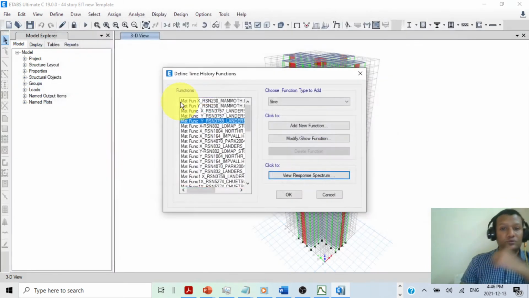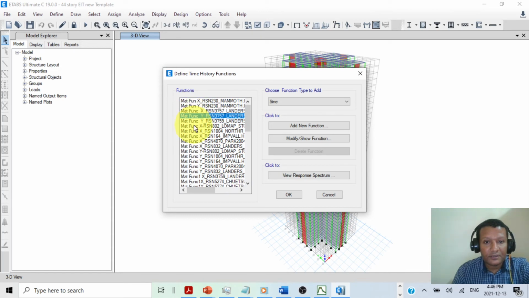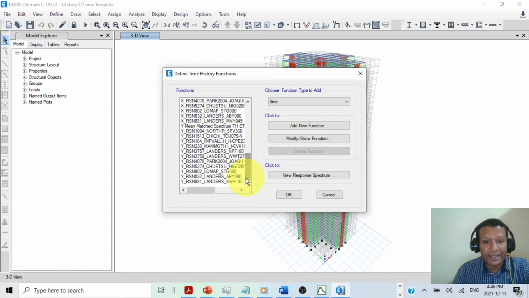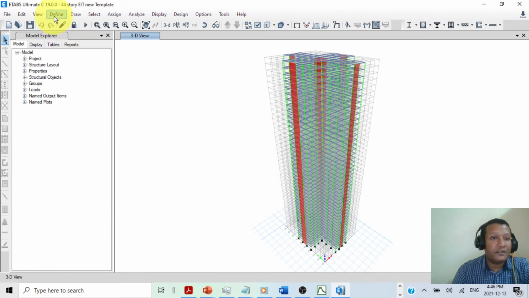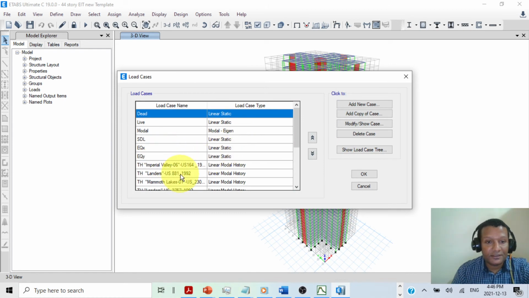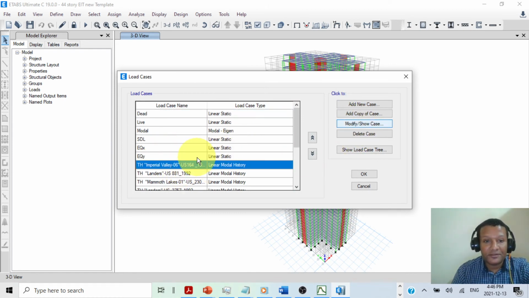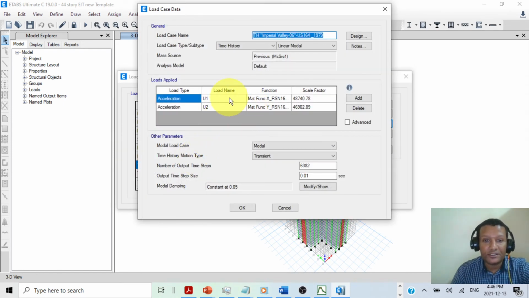So as you can see, I matched almost all of them, in the X and in the Y direction, in both directions. And now in the load case, again in the code, as we discussed, we should apply it in both directions, U1 and U2.